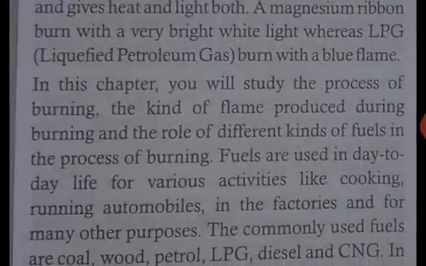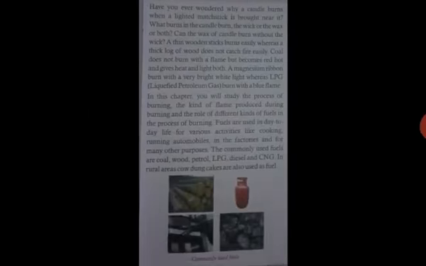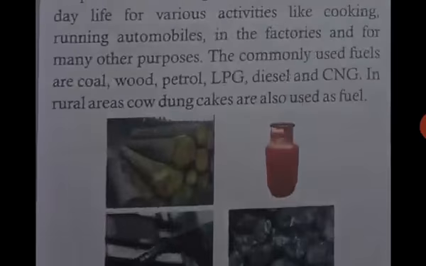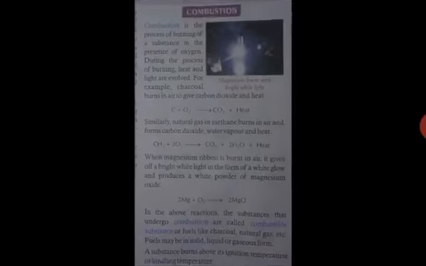In this chapter, we will study the process of burning, the kind of flames produced during the burning, and the role of the different kinds of fuel in the process of burning. The commonly used fuels are coal, wood, petrol, LPG, etc.